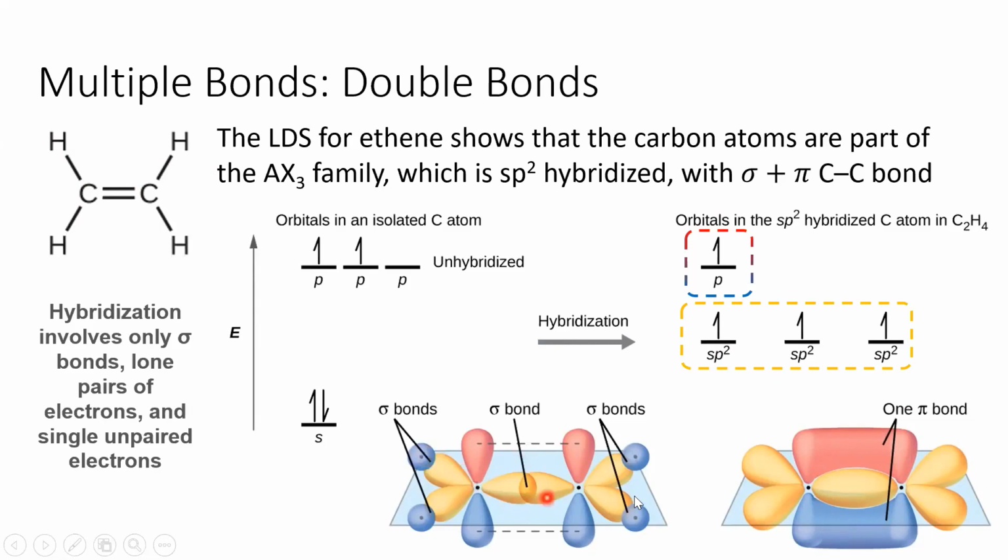The hybridized orbitals all overlap, which is what we saw in the examples that only had sigma bonds. But we have an unhybridized p orbital here and an unhybridized p orbital here. They overlap above and below the plane of the sigma bond, and they form a pi bond. So we have a sigma bond here and a pi bond here, and that's what gives us a double bond.